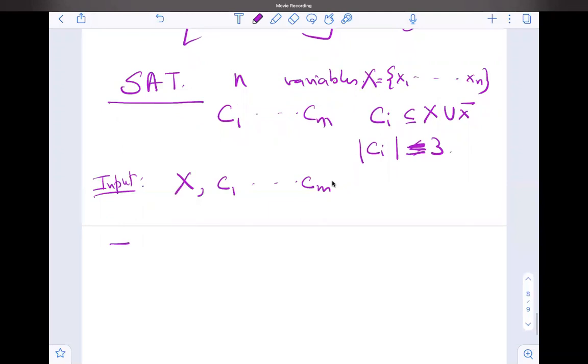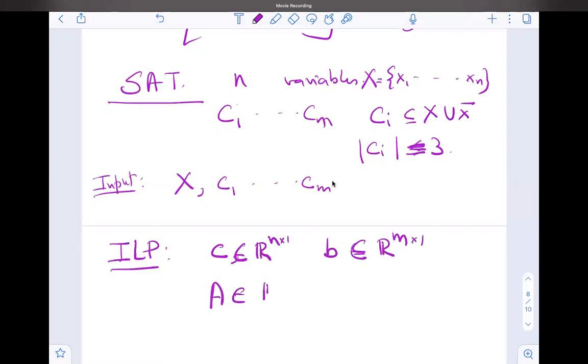In the case of ILP, how was I representing ILP? What was an instance? It had only 3 parts, right? It had a C vector in R to the power n, a B vector in R to the power m, with C and B being vectors, n cross 1 and m cross 1.